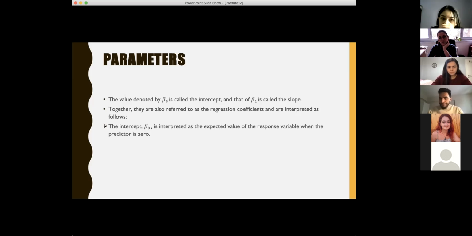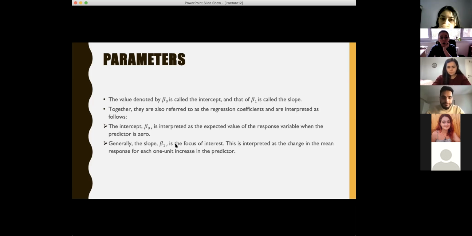But we are not just looking for this guy. Generally, our main interest is in beta 1, the slope, the change in the mean response for each 1 unit increase in the predictor. Okay, guys? This is how we interpret our parameters.